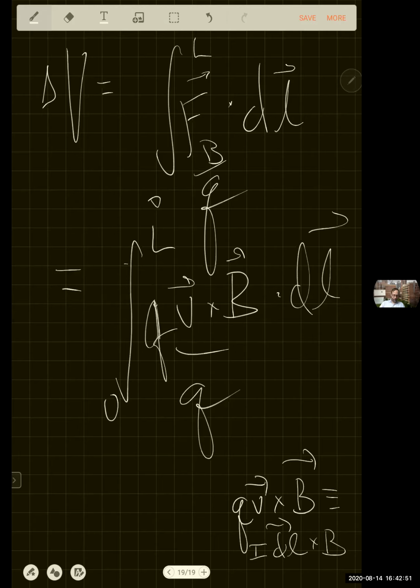But theta is definitely 90 degrees here. The angle between the flow of charge itself and the magnetic field itself, they are at 90 degrees. So QVB sine theta is the same thing as QVB times 1, which is QVB.